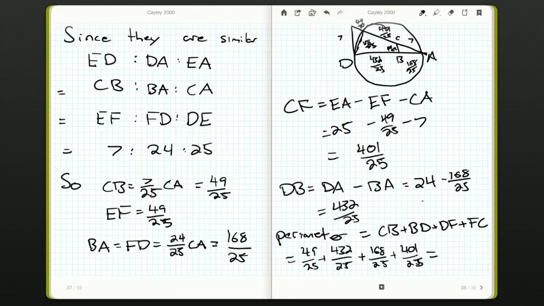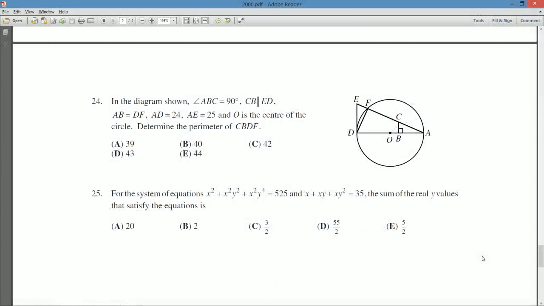So 49 over 25, 432 over 25, 168 over 25, 401 over 25, and we get 1,050 over 25, which is equal to 42. So 42 should hopefully be one of our answers.